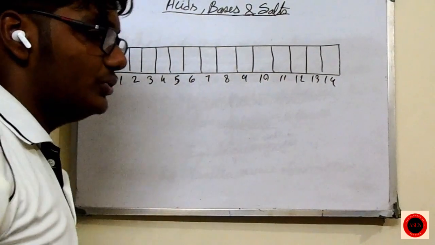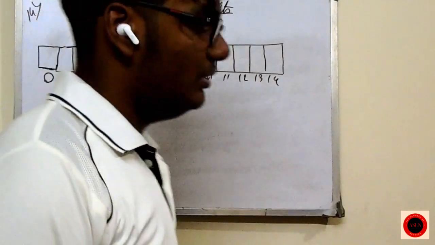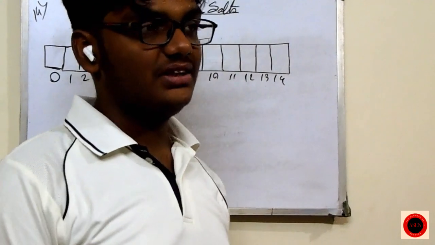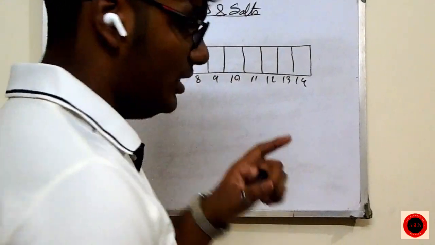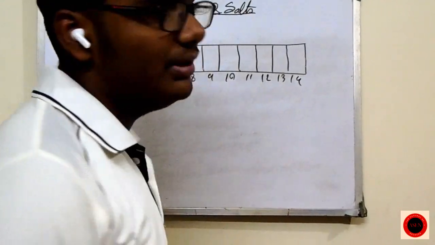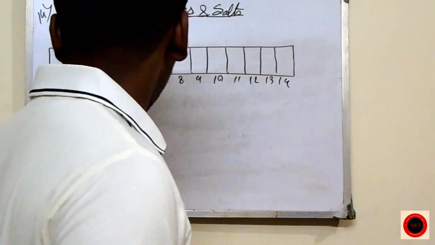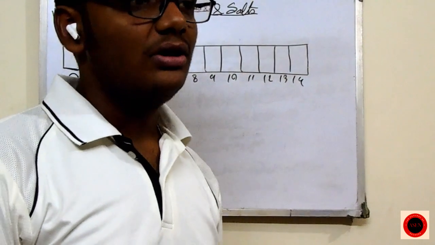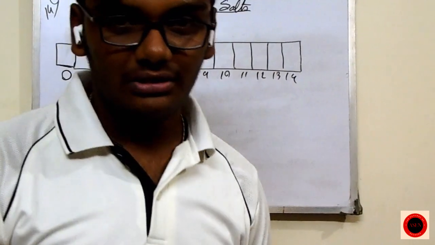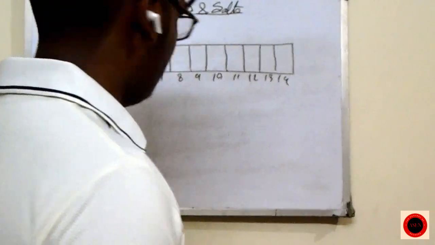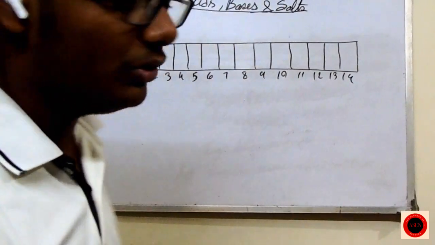Let us add 0 also. In paper you will not get 0, but for educational purposes, in your book 0 will be given, but on the practical side you will not get 0. Okay, so now you are only in class 10, so let's include 0 also.